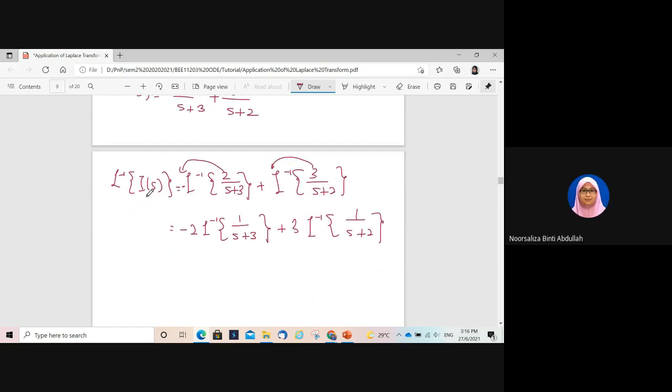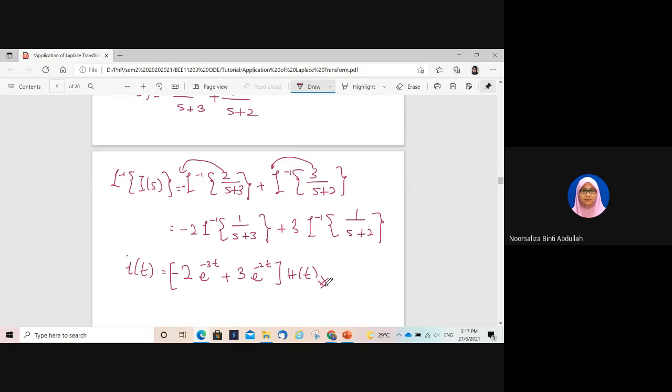Inverse for 1 over S plus 3 is exponent minus 3t, and inverse for 1 over S plus 2 is exponent minus 2t. Betul? This is your IT. Faham tak?